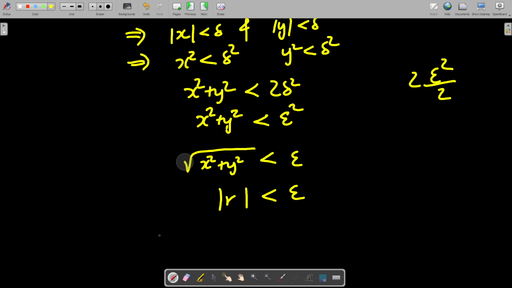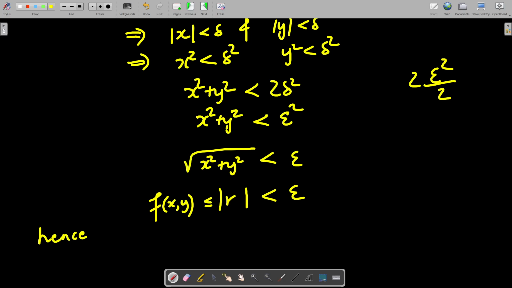But we know that f of xy was less than r. Okay, so hence we know that f of xy is over here. I made this thing, this was the fair part of the problem.